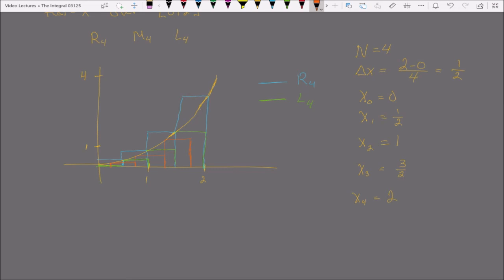So these would be the 3 rectangles we get from the midpoint approximation.